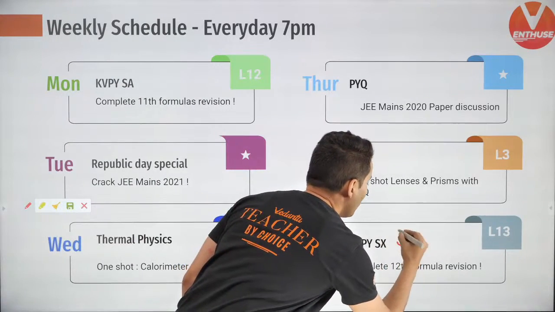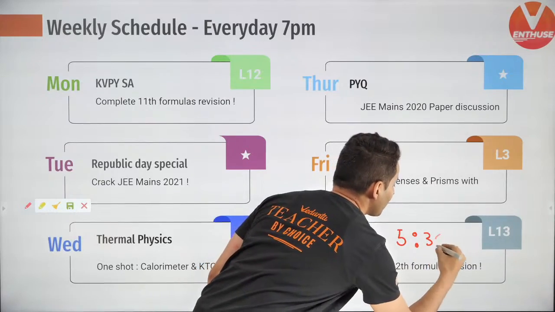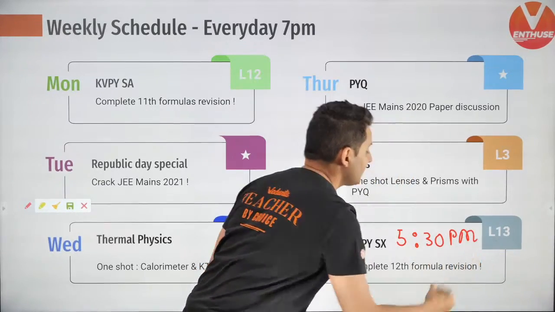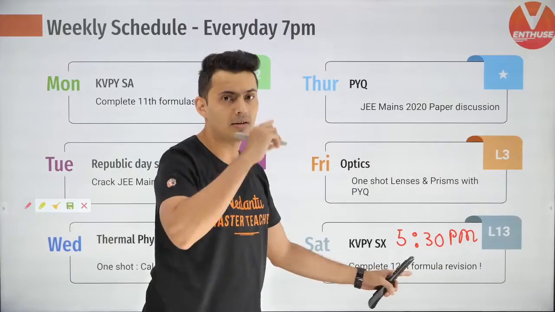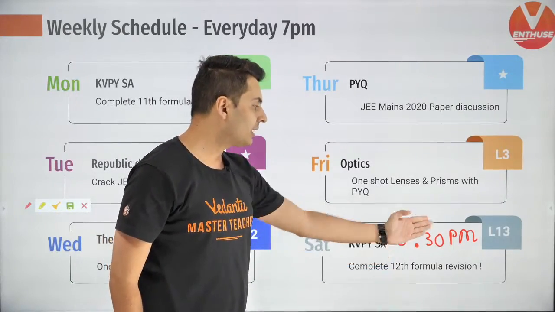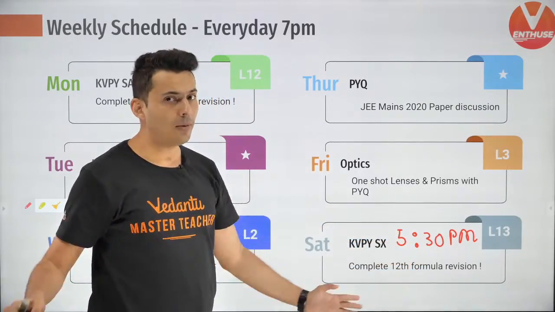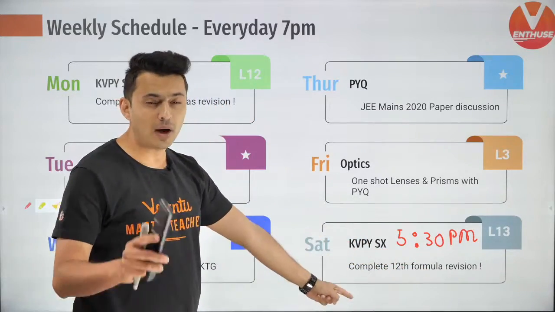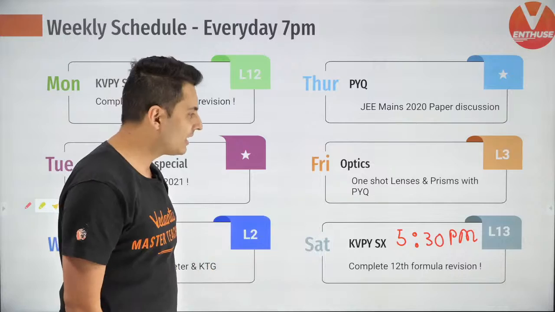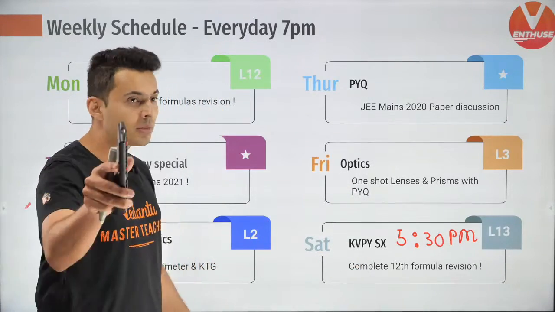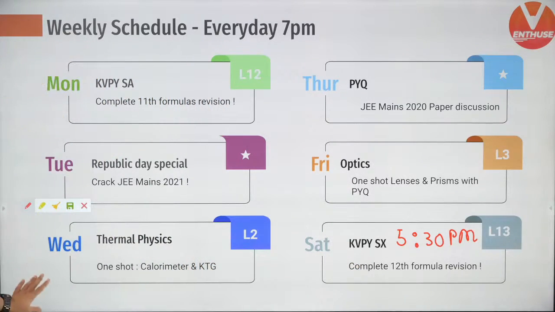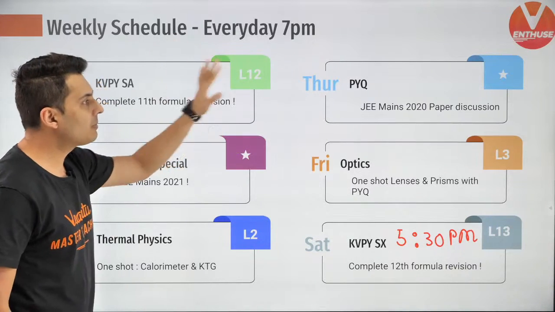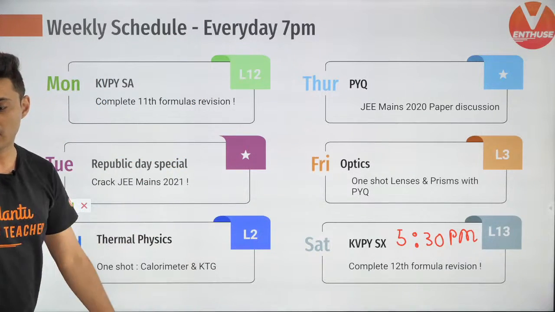So it's going to be at 5:30 p.m. Please keep this in mind. And Wazim sir's class will be at 7:30. So 5:30 p.m. tomorrow, a very massive important lecture, complete 12th formulas revision at 5:30 p.m. Wazim sir will be conducting his class at 7:30 p.m. Keep this in mind. And if you have missed any of these classes, do watch the replays in the playlist or in the past videos out there.